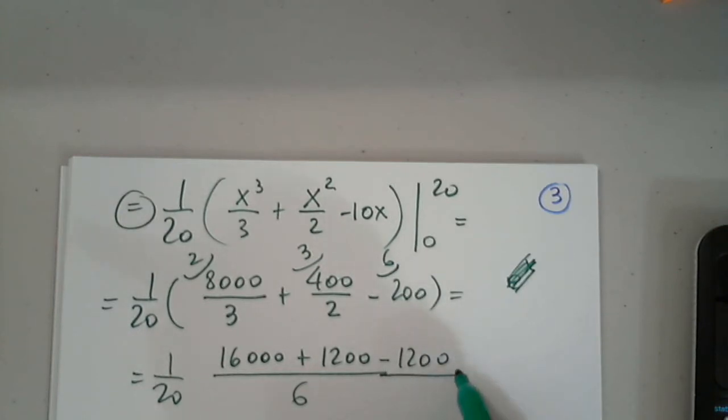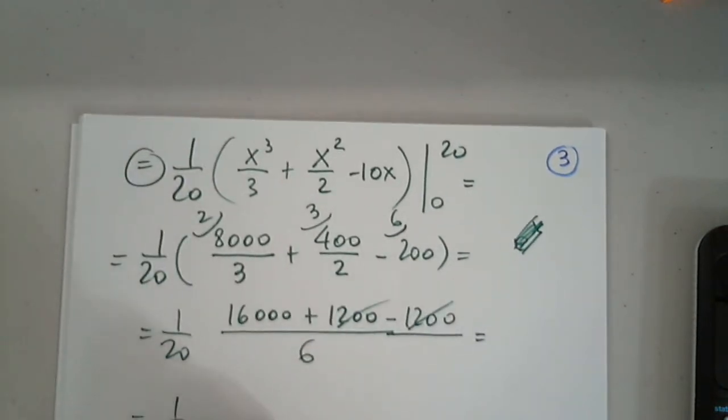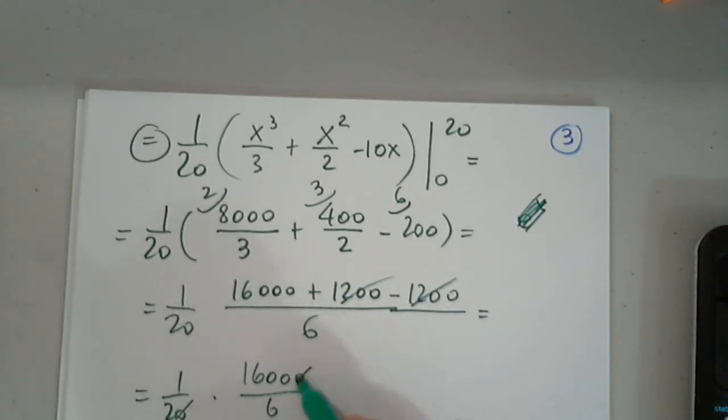Oh, look at that. Very nice. So I have 1 over 20 times 16,000 divided by 6. I will simplify a 0. I will simplify a 2. So I get 8,000. And then I'll simplify again by 2. So I get 4,000 divided by 3.